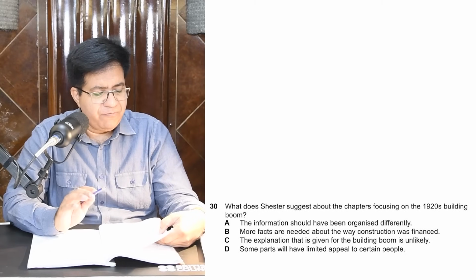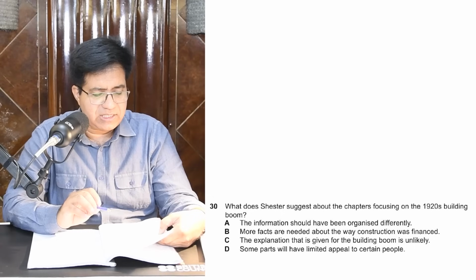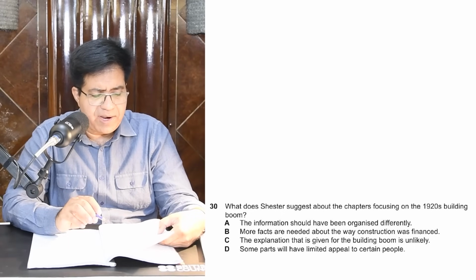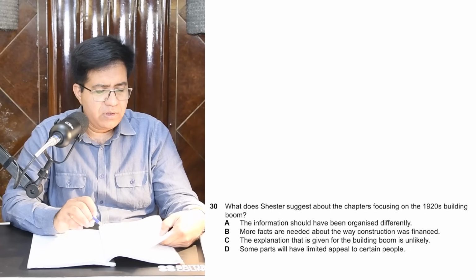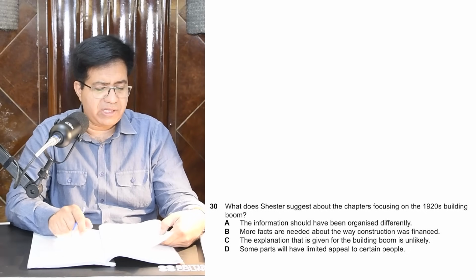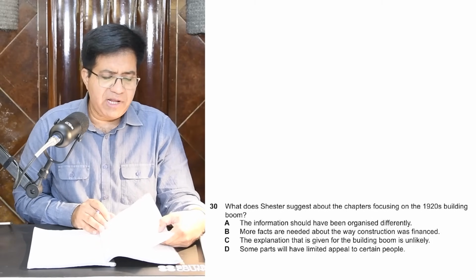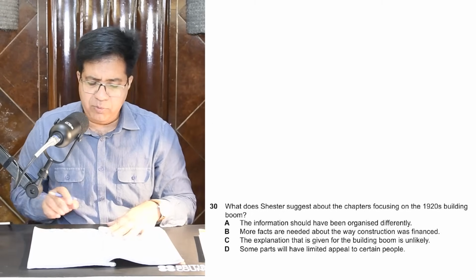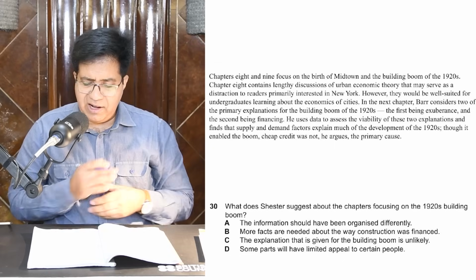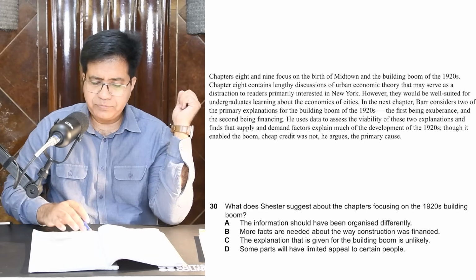Question number 30. What does Chester suggest about the chapters focusing on 1920s building boom? So Chester suggests something and chapters focusing on 1920s building boom. Look for 1920s building boom. Second last paragraph. Well done.